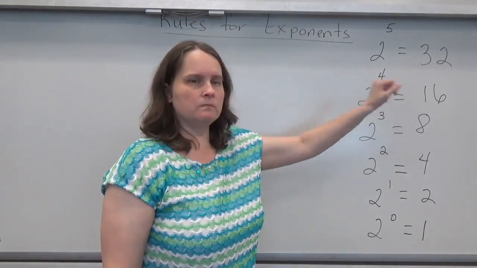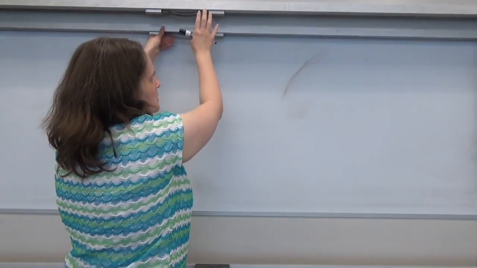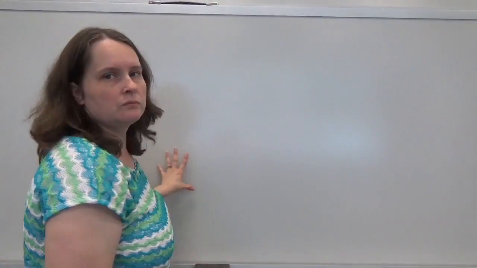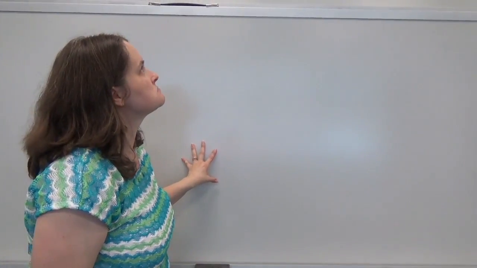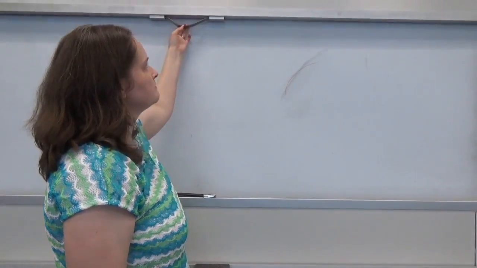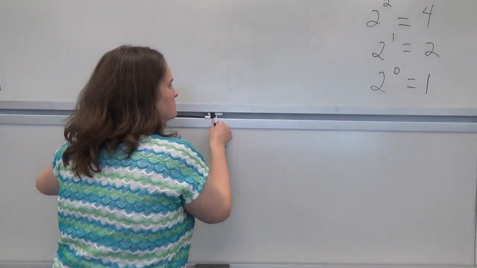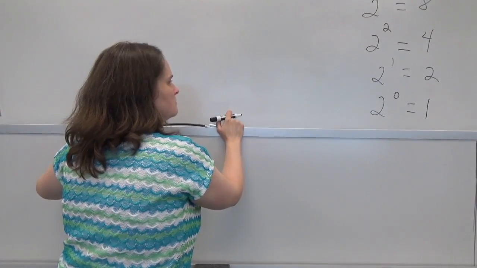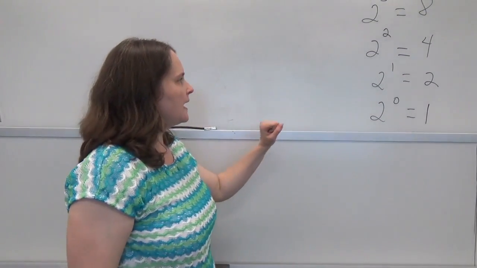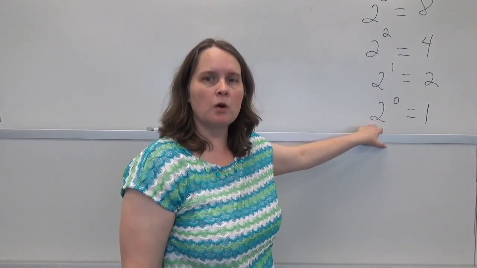I'm going to move my board for a moment and continue with this pattern that we saw. So as we saw before, 2 to the 1st was equal to 2. 2 to the 0 power was equal to 1.